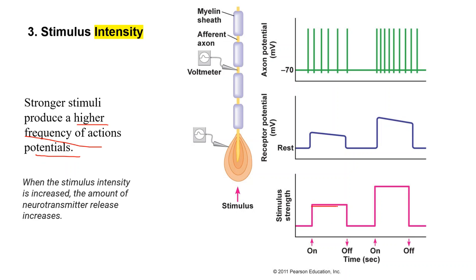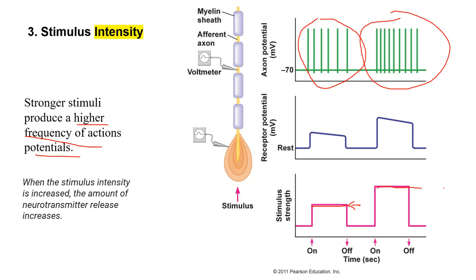This is a stimulus that is less strong than this one, right? And you see how the resulting action potentials are less or more frequent. So a less strong stimulus produces action potentials of lower frequency.